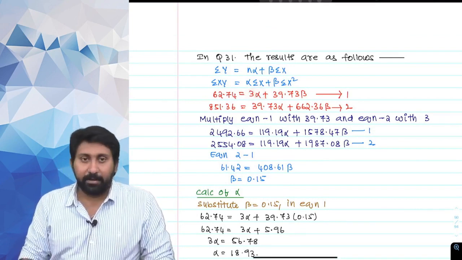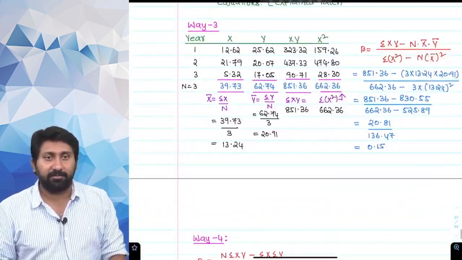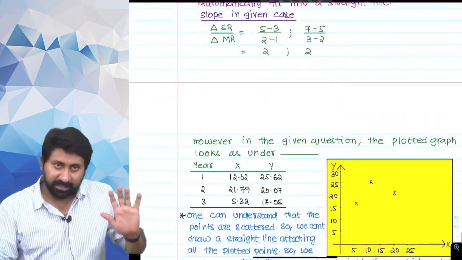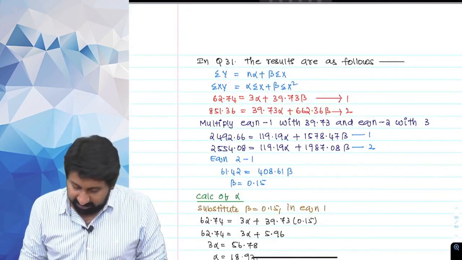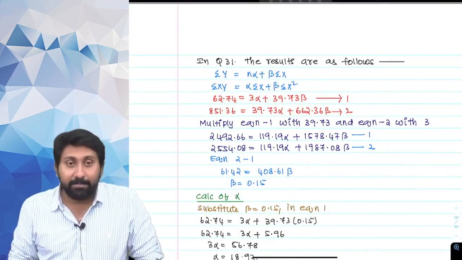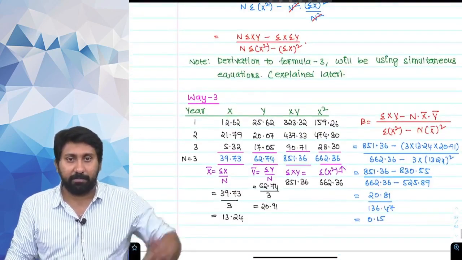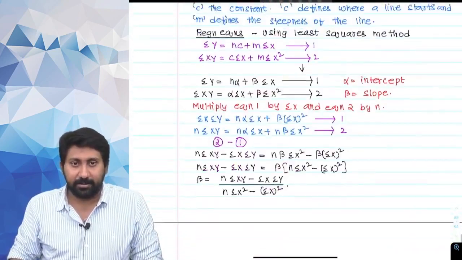Sigma x, 39.73: you can believe me, all these are informations which you have already calculated from question A. Then sigma xy is 851.36.